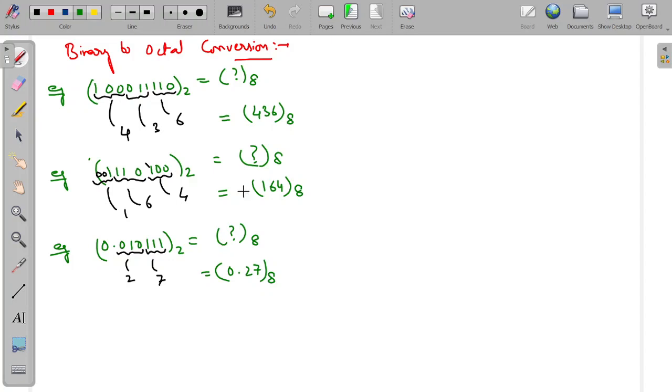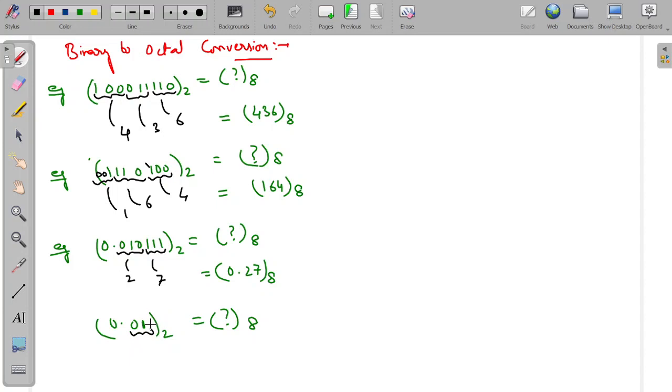What will you do if, let's say, the last one is left without making a proper group? Let's say if I had something like this: 0.01. Grouping requires 3.